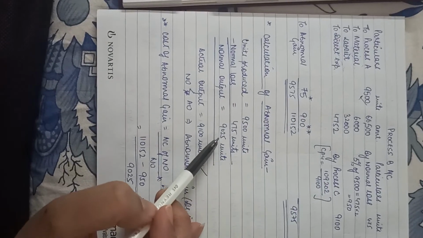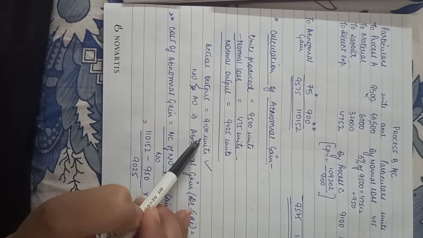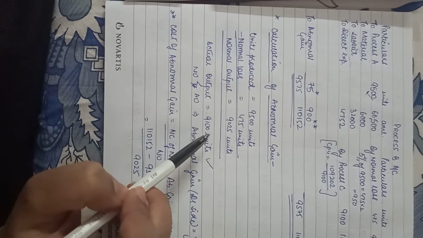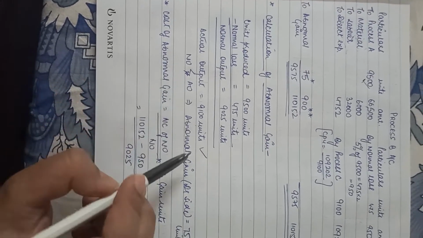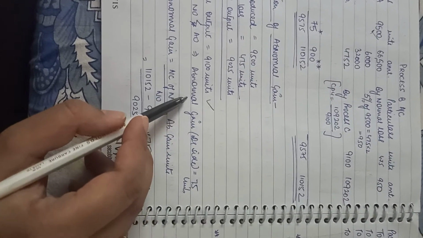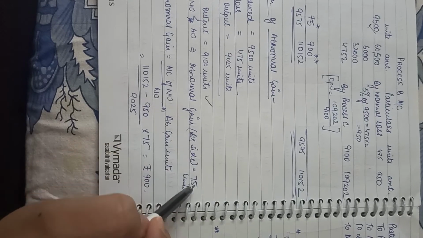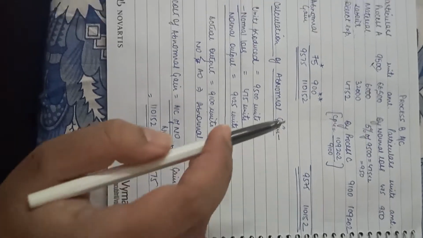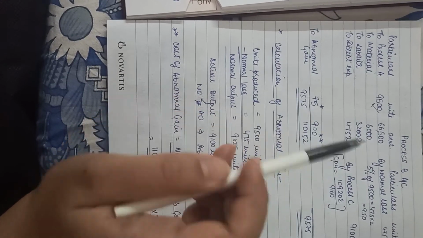So normal output is 9,025 and actual output is 9,100. Which one is more? Actual output is more. So when NO is less than AO, it is the case of abnormal gain. And abnormal gain, we know theoretically, is written on the debit side with 75 units. So I am writing here abnormal gain 75 units.